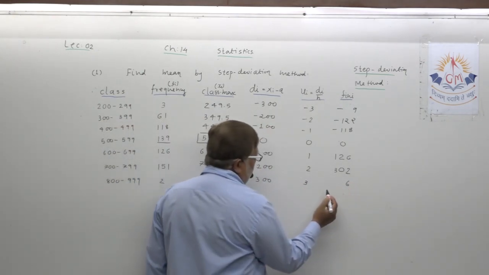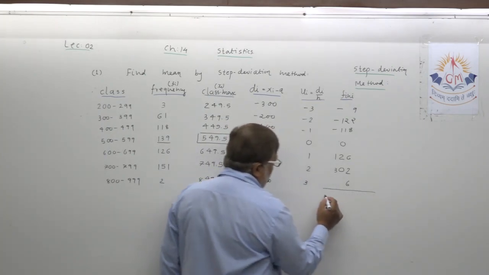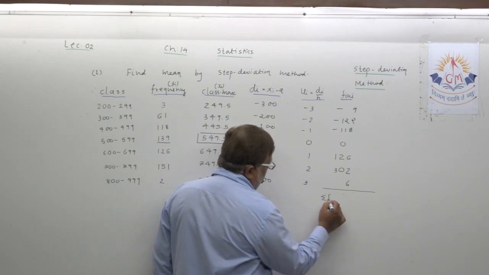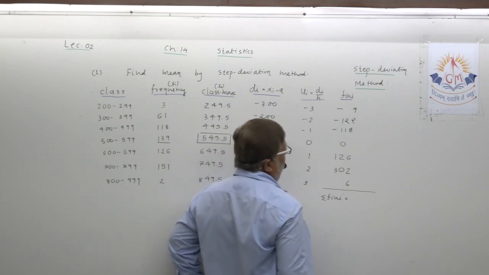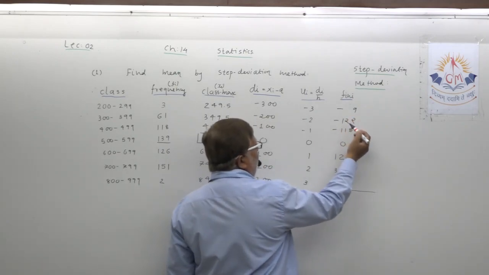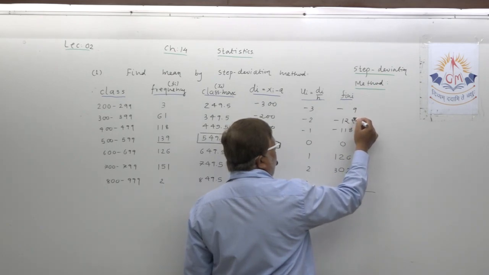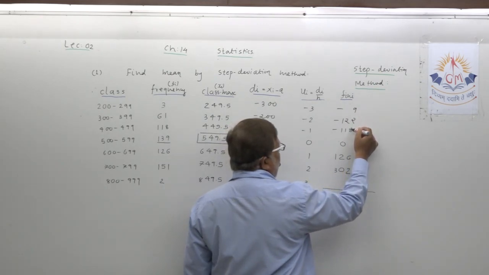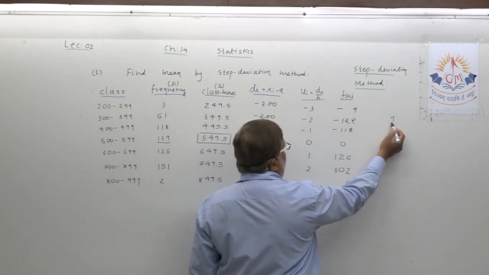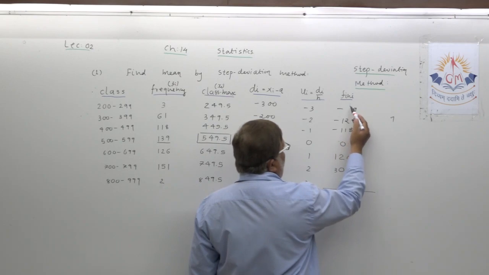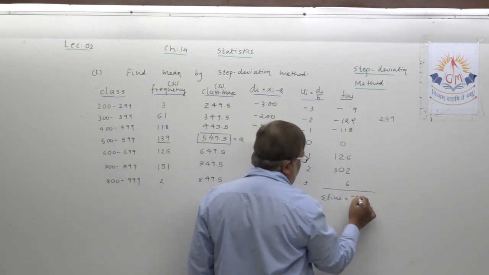Okay, now let us find sigma Fi Ui. You will add the negative terms first, as I told you. 9 plus 122 is 131, plus 118 gives minus 249.